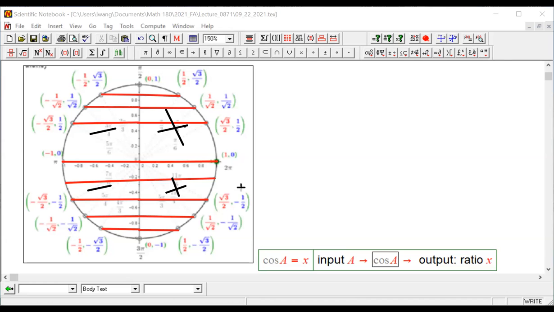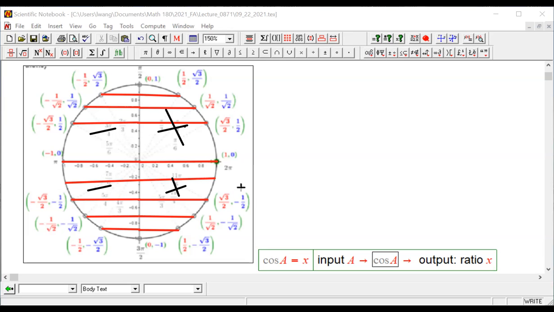It tells you the red bars are between -1 and +1. The first quadrant is positive, the fourth quadrant is positive, the third and second are negative. Isn't that so obvious to you now?